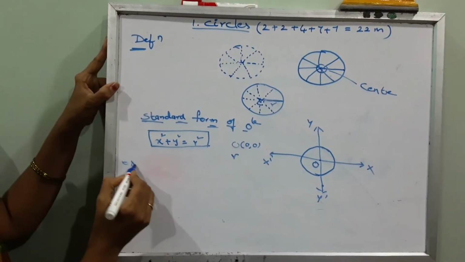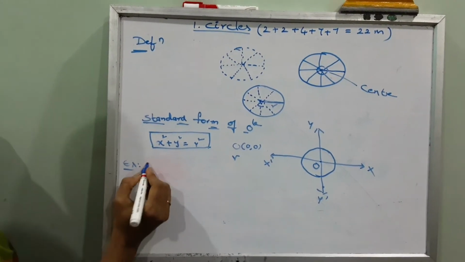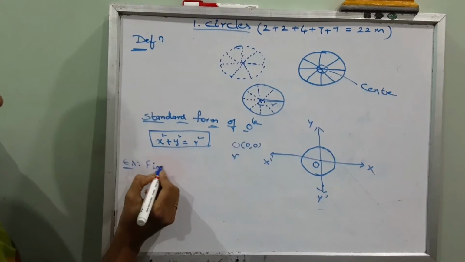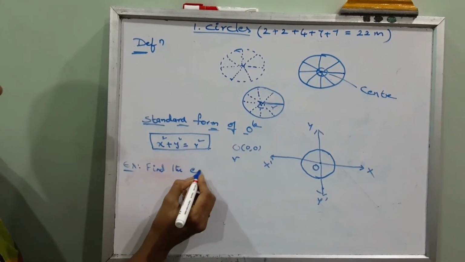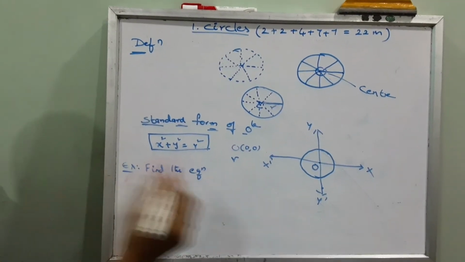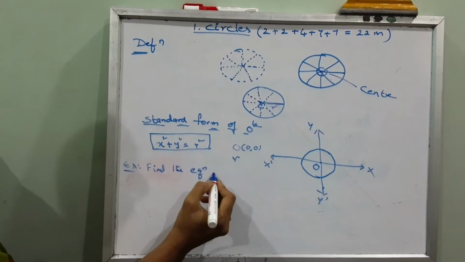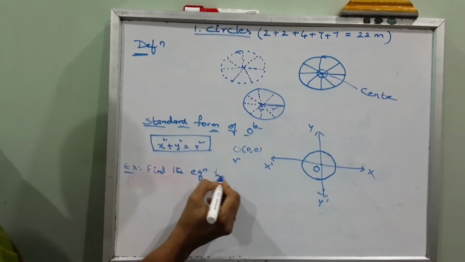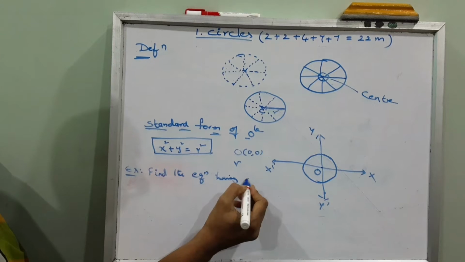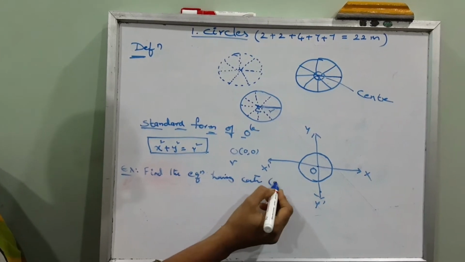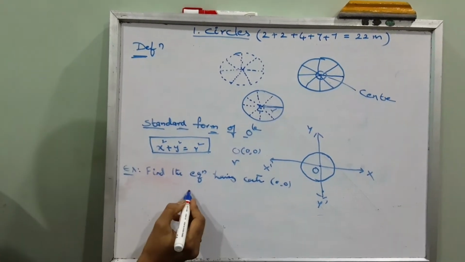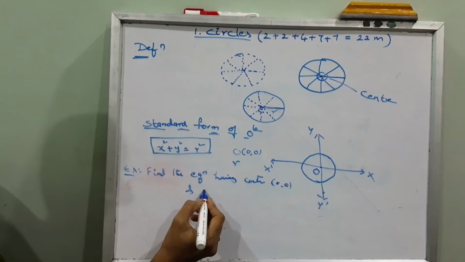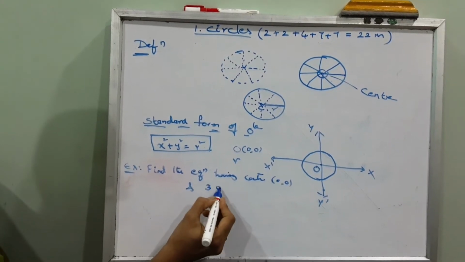For example, find the equation of the circle having the center 0, 0 and radius 3 units.